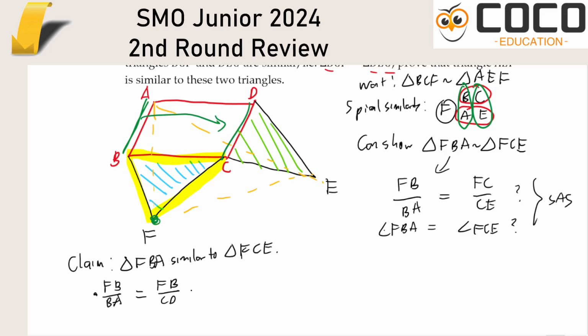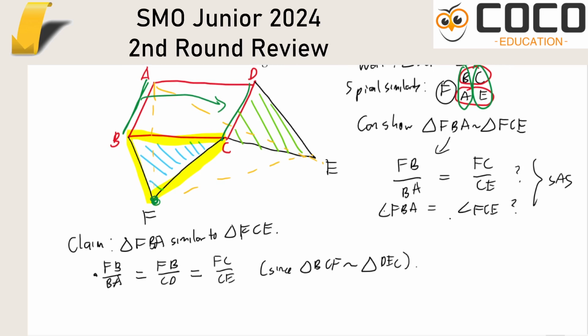So this FB over CD is now going to be equal to FC over CE. And this is by the given similar triangles. That's the length. Now the angle.